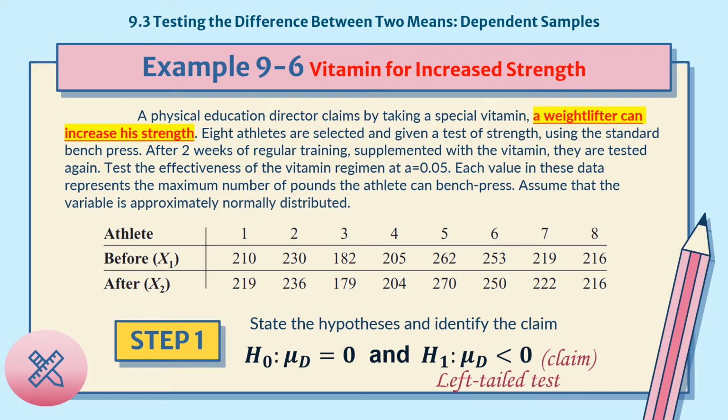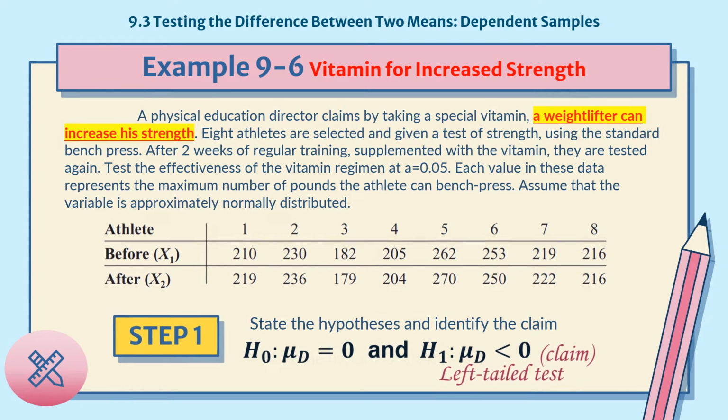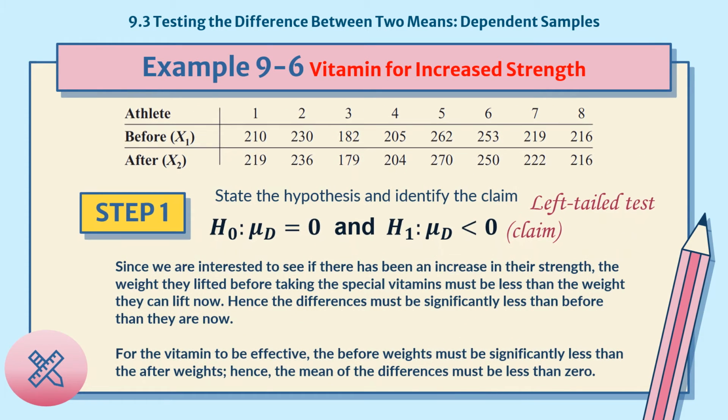Since it is stated in our problem, it claims by taking a special vitamin, a weightlifter can increase his strength. But why did we use the less than sign? And it became a left-tailed test. Since we are interested to see if there has been an increase in their strength, the weight they lifted before taking the special vitamins must be less than the weight they can lift now.